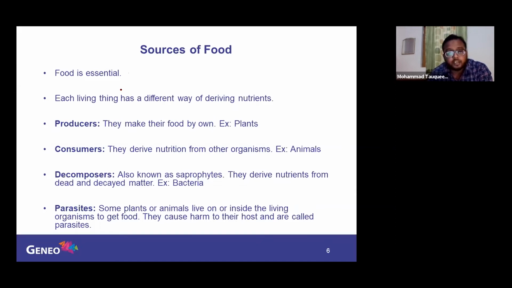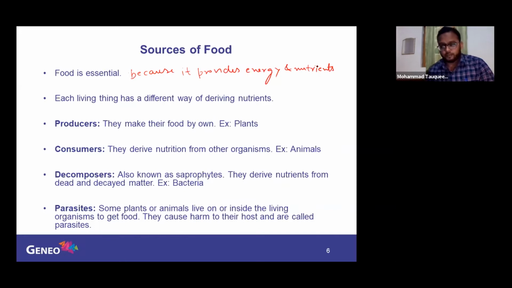So I am writing here, food is essential because it provides energy and nutrients. I hope this point is clear to everyone, that we are taking food for energy and nutrients. Moving to the next point.